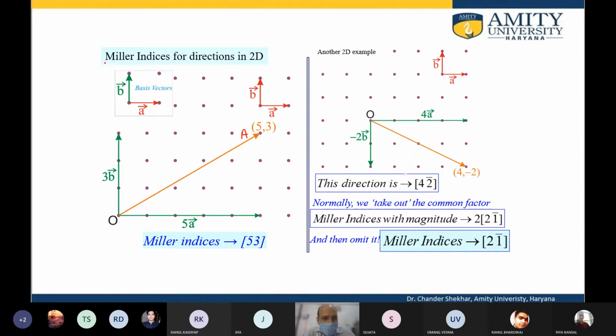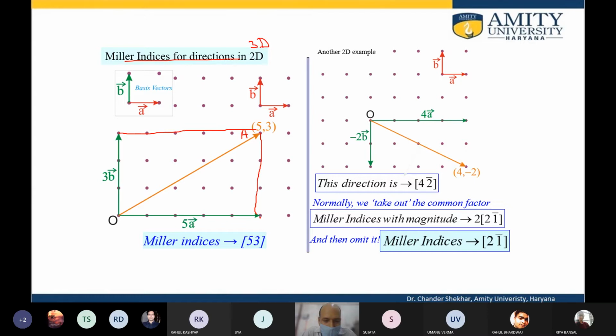To find the Miller indices of the direction, we will simply find the components of this vector along the x and y axes. This is for 2 dimensions, and similarly for the third dimension, z, in the case of 3D. Then we will have the components of this vector along x, y, and z.